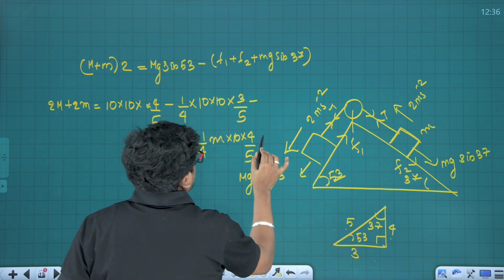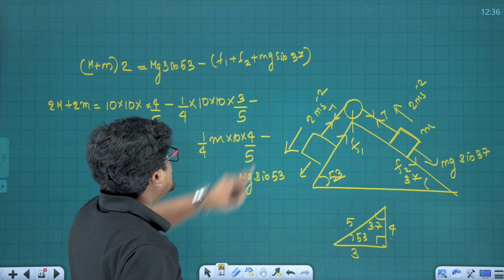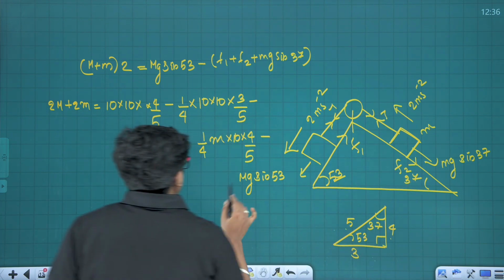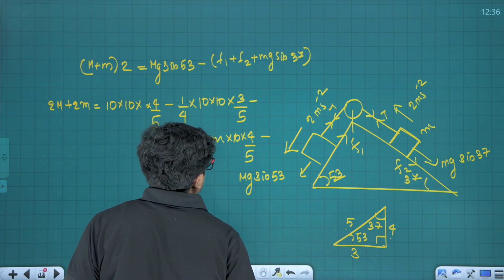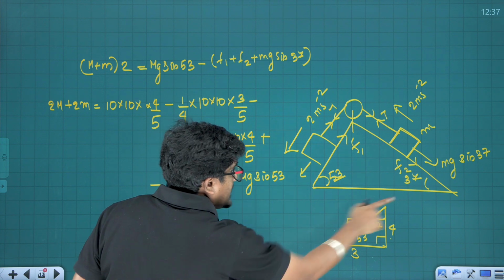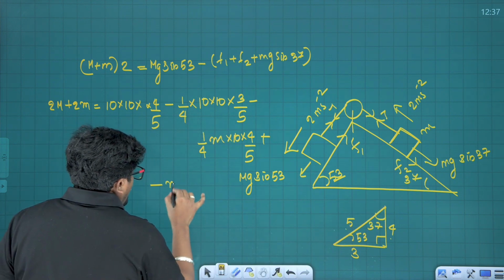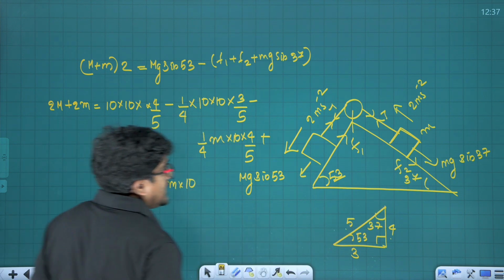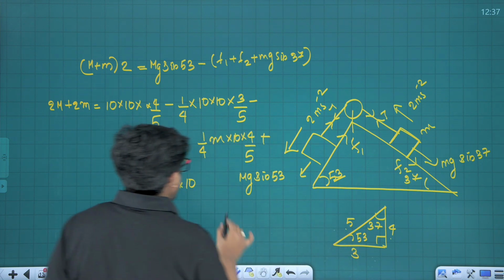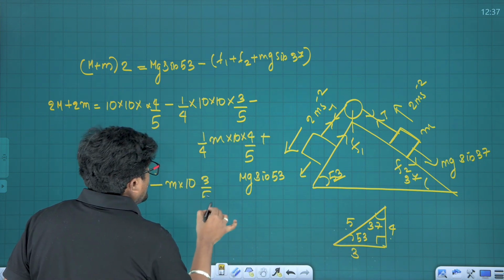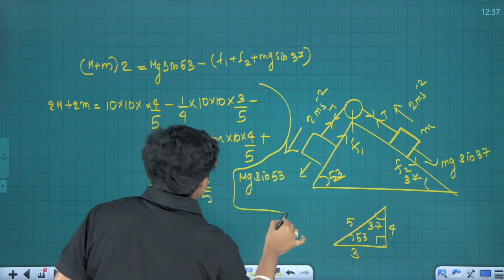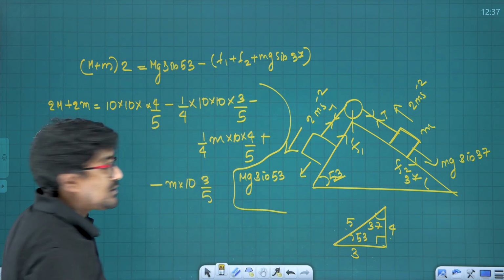Minus of mg sin 37, taking this minus here, m into g, that is 10, into sine of 37. Sine of 37 is 3 by 5. So this is the substitution of the forces on the right.